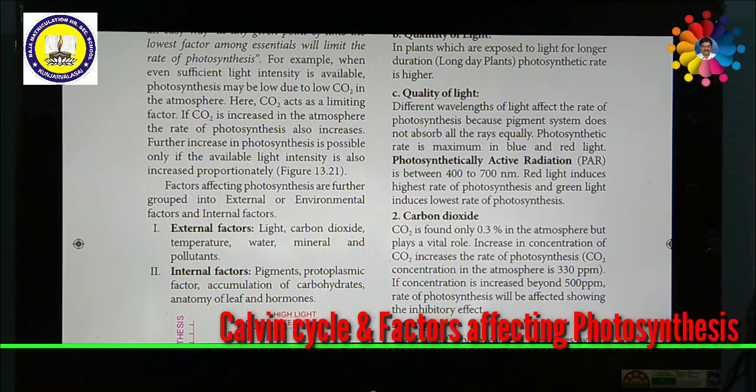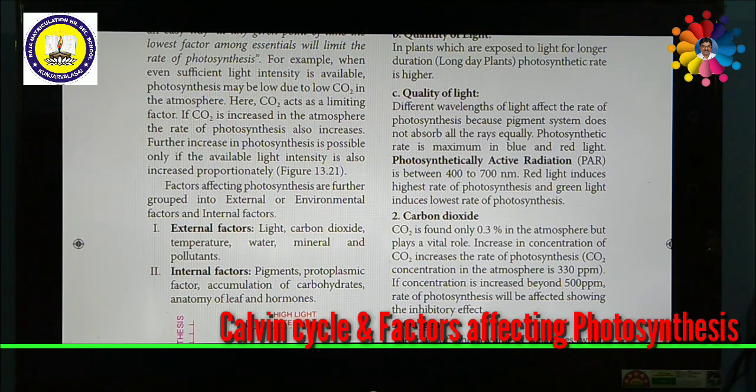Now there is an important experiment. We already know that during the photosynthesis process oxygen is evolved. How do you prove that oxygen is evolved during photosynthesis? This can be done with the help of an experiment called the test tube and funnel experiment.